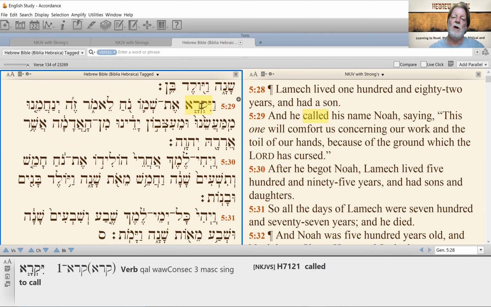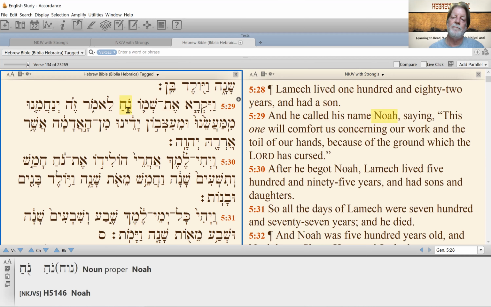Vayikra, and he called et Shemo, his name, Noach. That's Noah. Noach in Hebrew. Noach means to rest or to be comforted or to provide comfort or rest for others. Lemor, like saying.